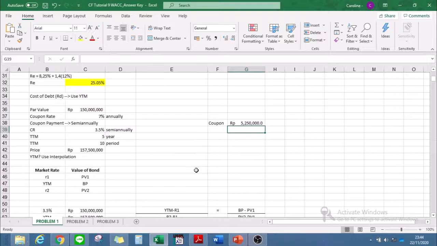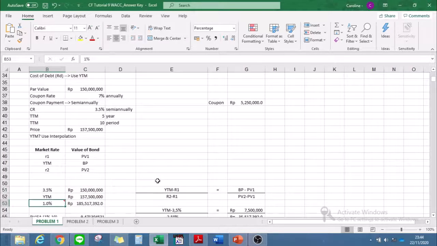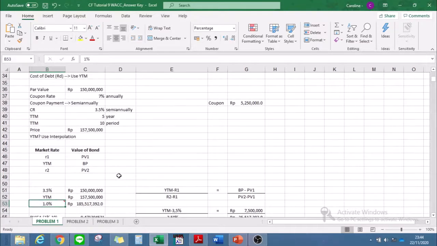So when you want to do the interpolation method, the first one, R1, you're going to use the same coupon to get 150 million rupiahs. And for this one, you need to use a rate lower than 3.5%, since it is sold at a premium.